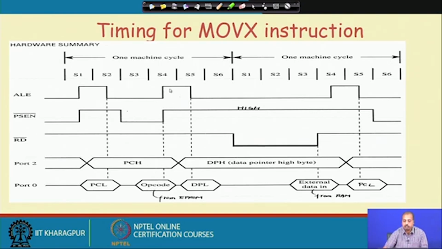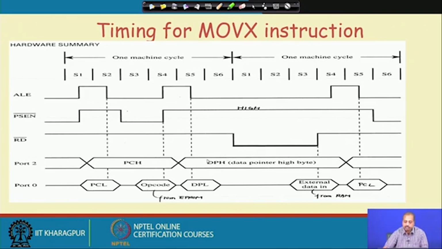Then the decoder will decode that MOVX instruction, and it will go into the second stage. In that second stage it puts the read bar line. The DPTR register consists of two 8-bit registers, DPH and DPL, whereas DPTR is the 16-bit register.